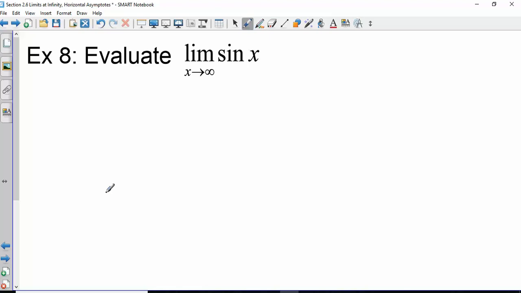Let's look at this one. What is the graph of sine? What does it do?